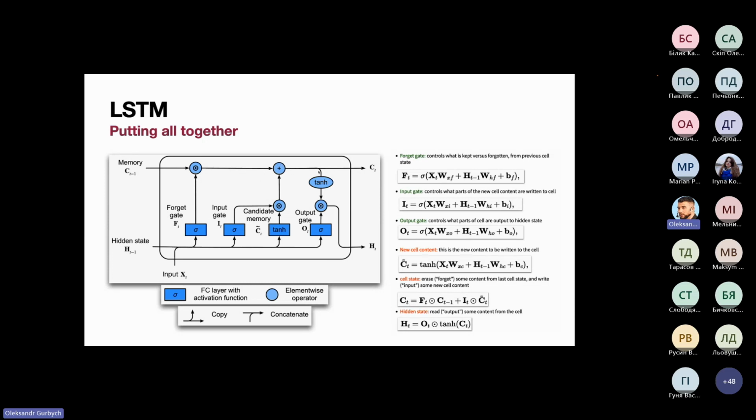We will get C. We will pass C to the next step of ourselves. See, so this is a C from the previous LSTM cell. But we also use this C to calculate our new hidden state, which is our input and Y hat. It's our prediction, right? Also, it's another gate, the output gate, which acts as a mask. Yeah, the output gate is zeros and ones, multiplied as a mask by activation of our candidate memory.